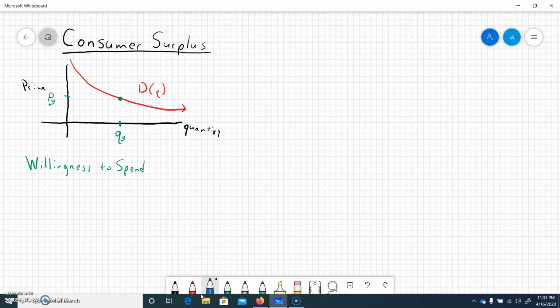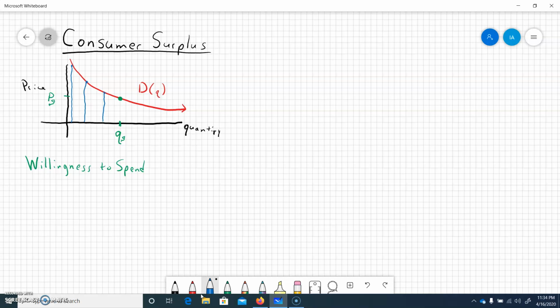But we have, if we were to sell this few, somebody would be willing to pay this price point. If we had this many, somebody would be willing to pay this price point, and so on. So basically what we're saying is there's a person over here that will pay this much, then there's a person over here that will pay this amount, and there's a person over here that will pay this amount.